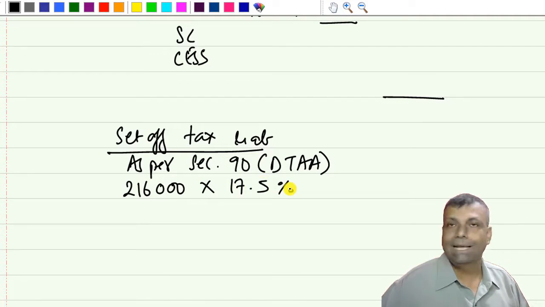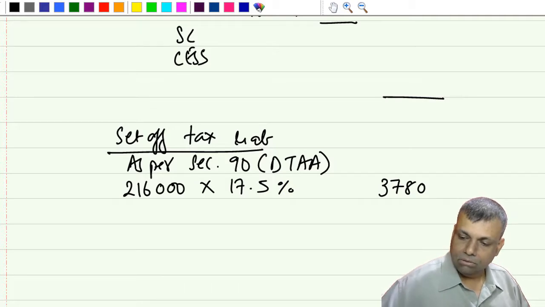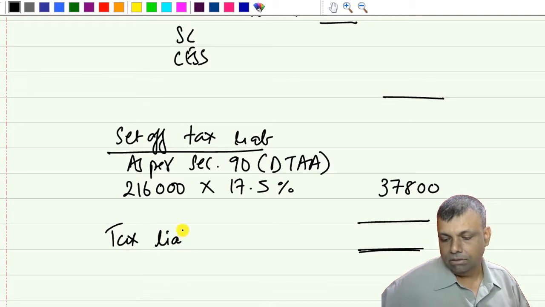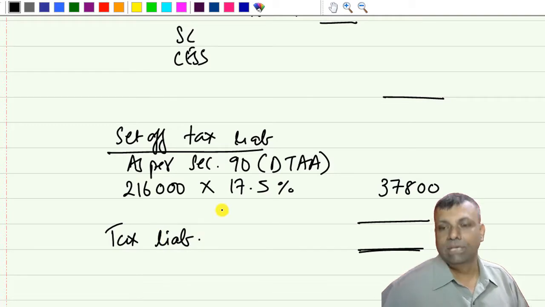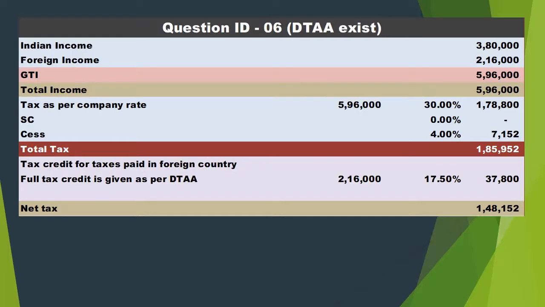That is basically the tax paid in that country. So this is your set off of 37,800 rupees. Okay, and the difference is your net tax liability after set off. This is how the working is to be carried out. Come on, update your answer fully.